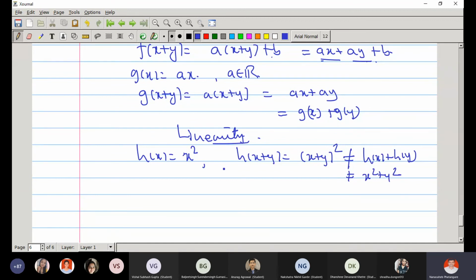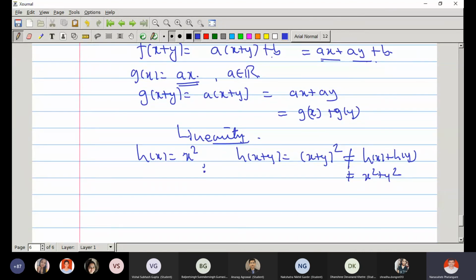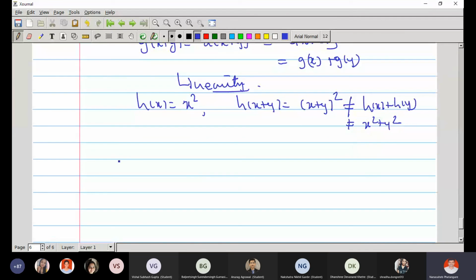From these two examples, when is linearity preserved? If the degree of the polynomial is 1. Right. If the degree of the polynomial is 1, then only linearity is preserved, and for degree greater than 1, linearity is not preserved.